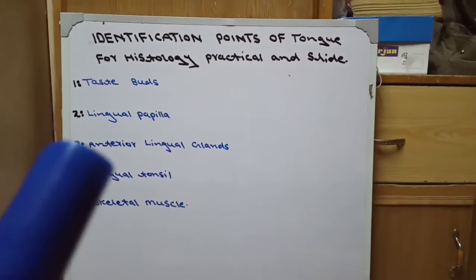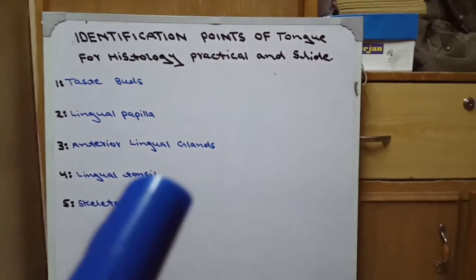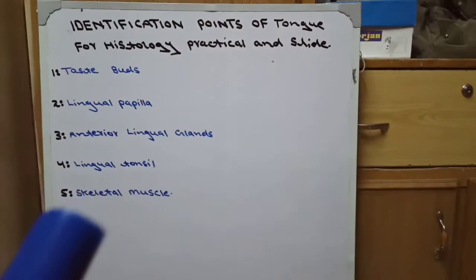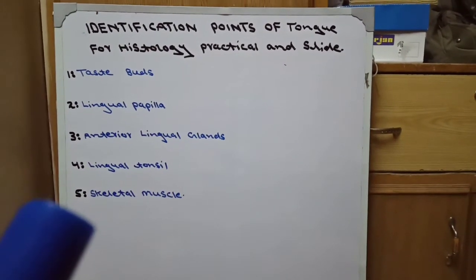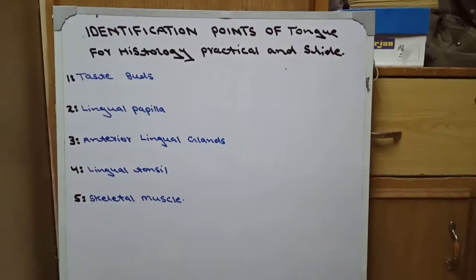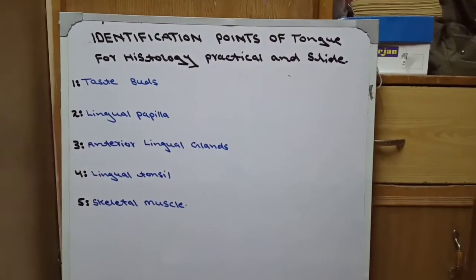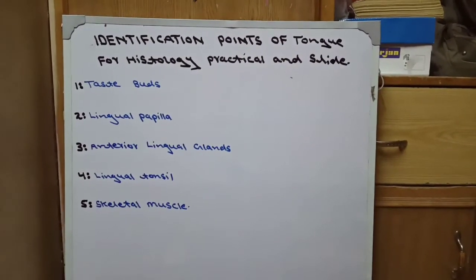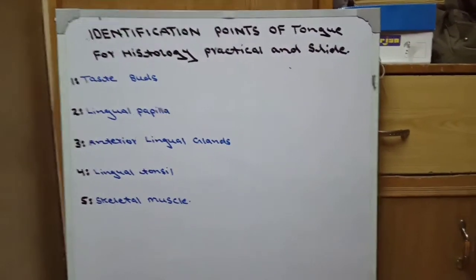Number 3, anterior lingual glands. Number 4, lingual tonsils. And number 5, there will be skeletal muscle inside the tongue. These are the 5 identification points of the tongue for histology practical and slide.